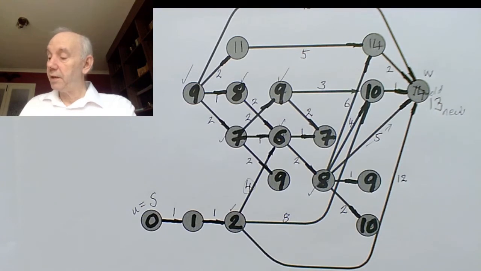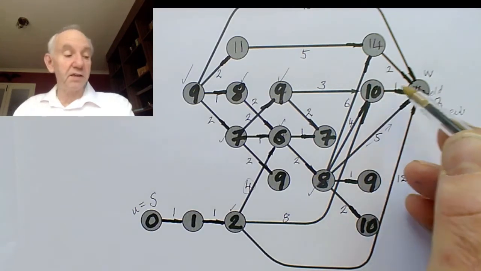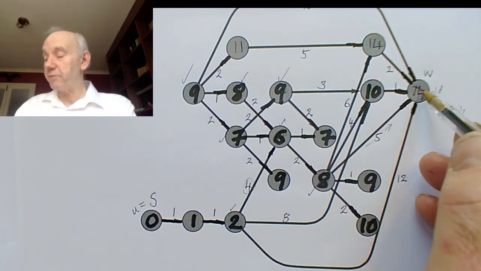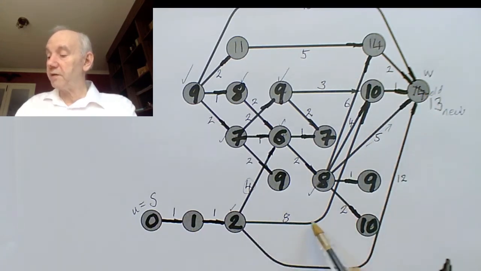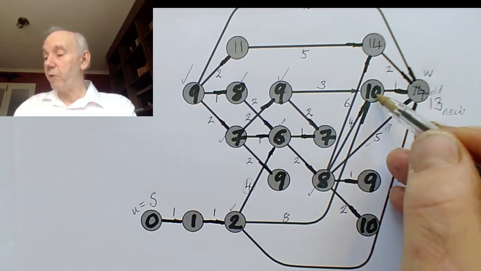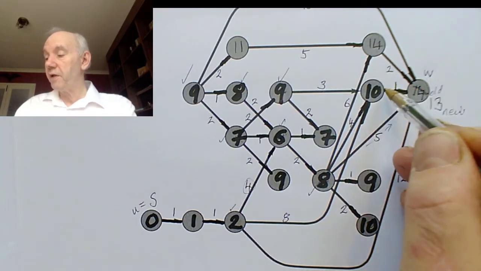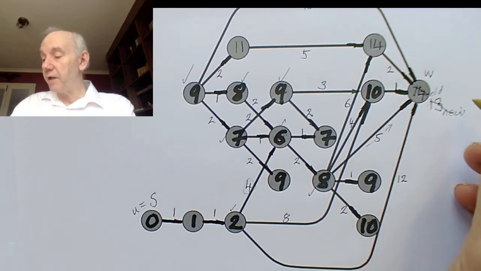And now it's more interesting because I've still got one label to scan from 10, it's this 13, but I can get to this vertex now in distance 11, because I can go all the way up here from the start in 10, and another weight of 1 would give me 11. So this 13 gets wiped out yet again, and the new label is 11.